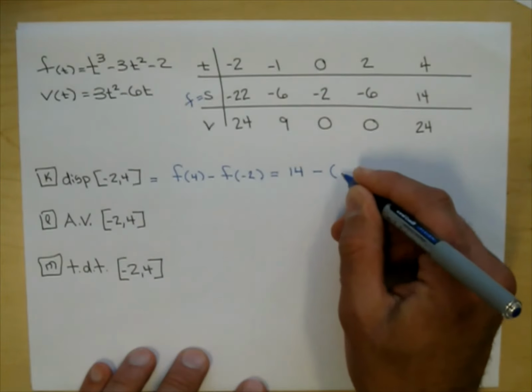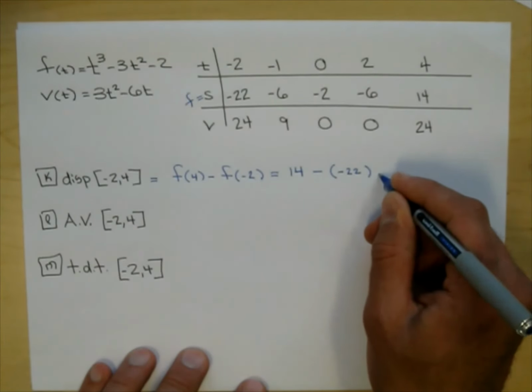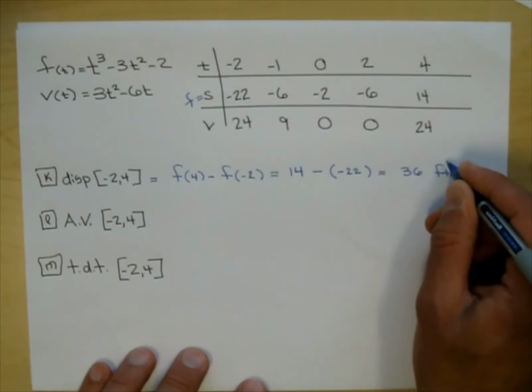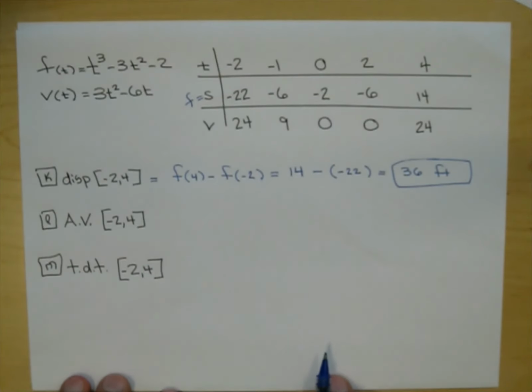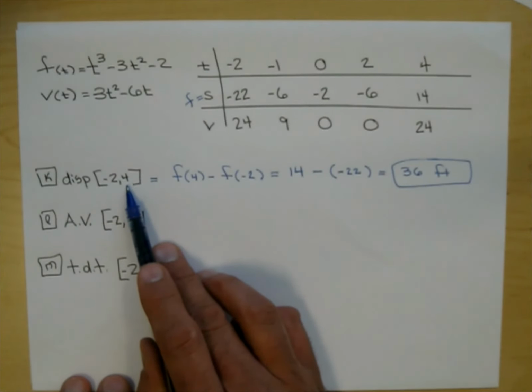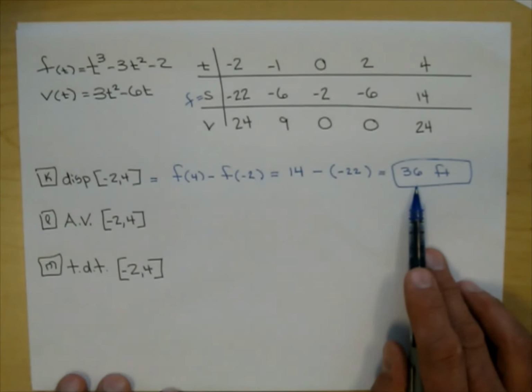That's minus a -22. This gives me 36 feet. So that is the displacement in that time interval, which means at -2 seconds he's somewhere, and then at 4 seconds he's 36 feet to the right. That's what displacement is. So displacement can be a negative number as well.